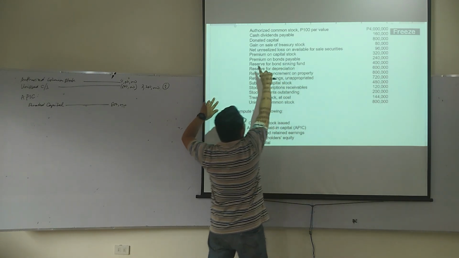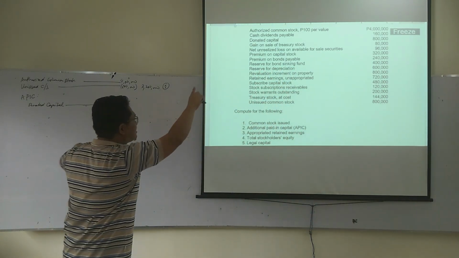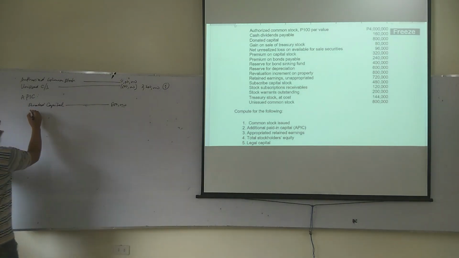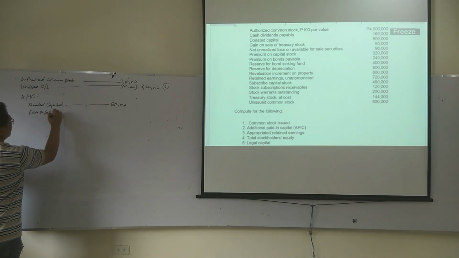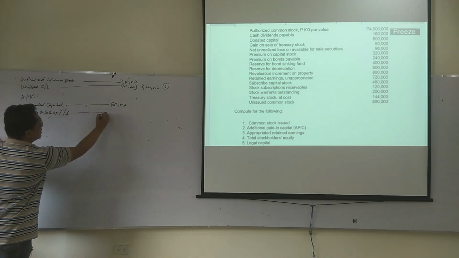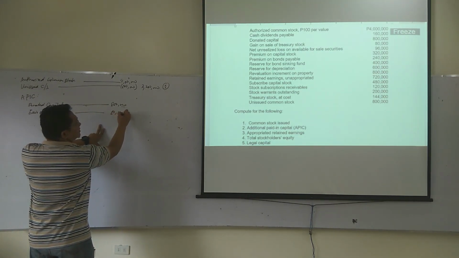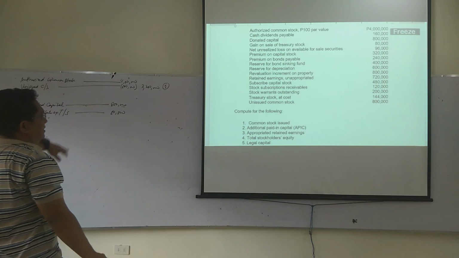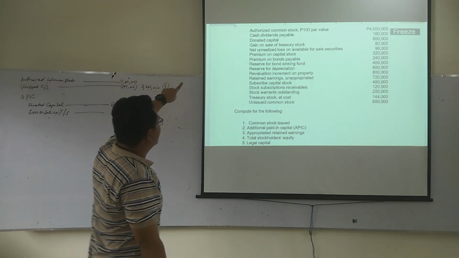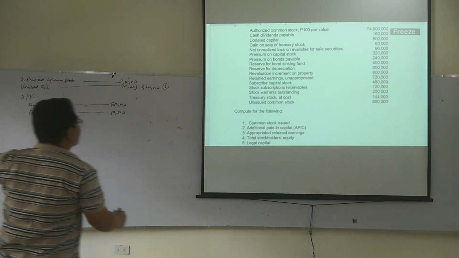Treasury stock. Same, gain on sale of treasury stock. Again, as I've said, it's APIC. So gain on sale of treasury stock, that's part of additional paid-in capital, 80,000. Net unrealized loss is OCI.